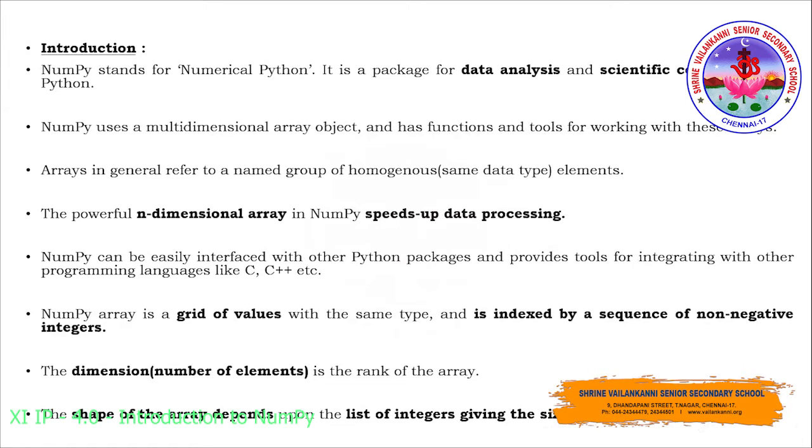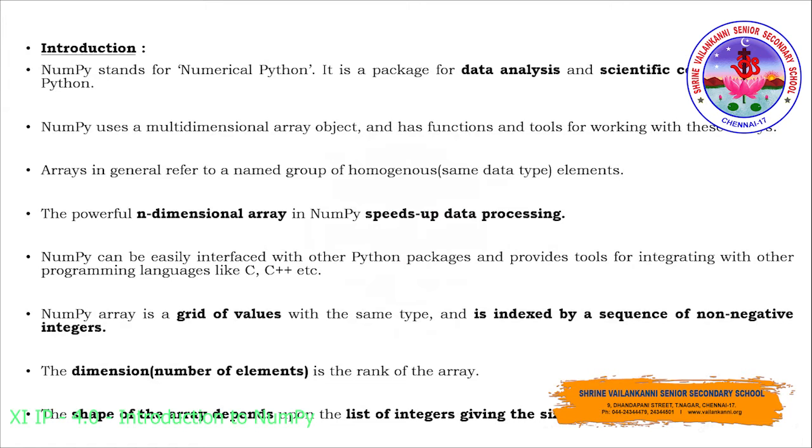Why do we make use of the NumPy array in Python? It speeds up data processing. That is one main reason. It supports very big data, so we can handle data in large amounts.